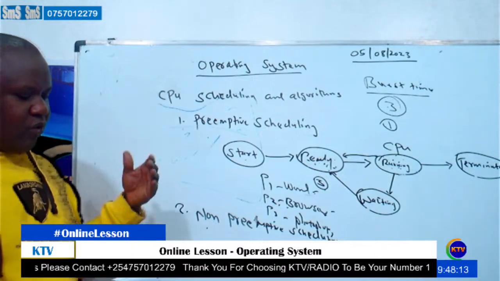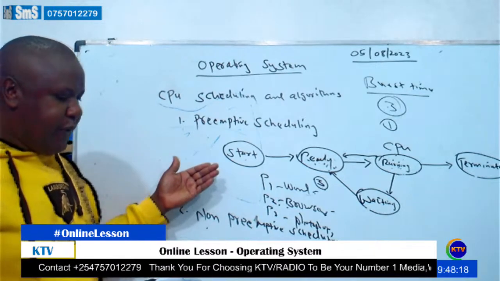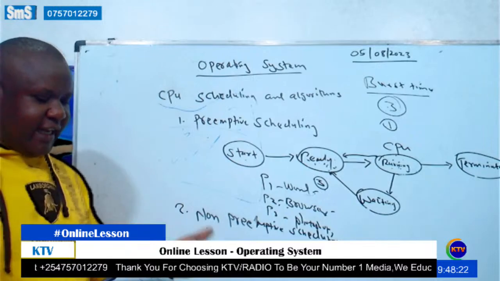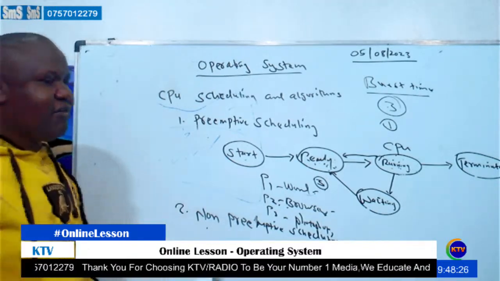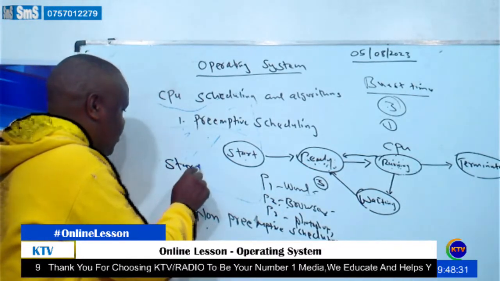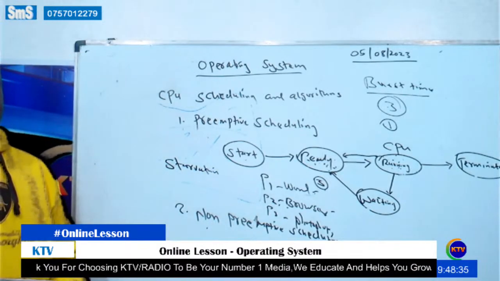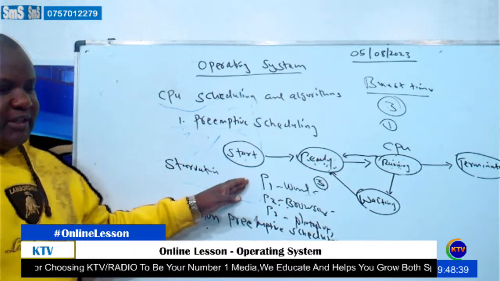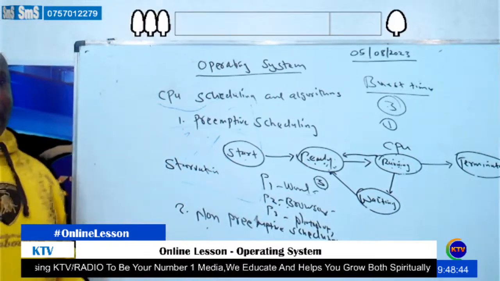We have talked about starvation. In the case of preemptive scheduling, if a high priority process frequently arrives in the ready queue, a low priority process may starve. So what is starvation? I've given 3 examples of 3 processes: process 1, process 2, and process 3.